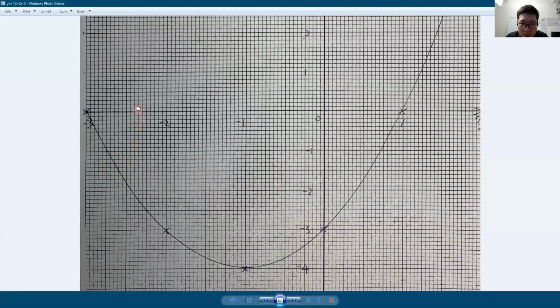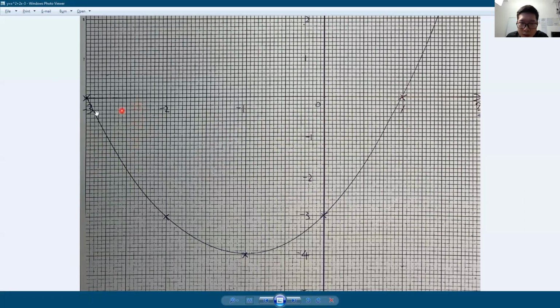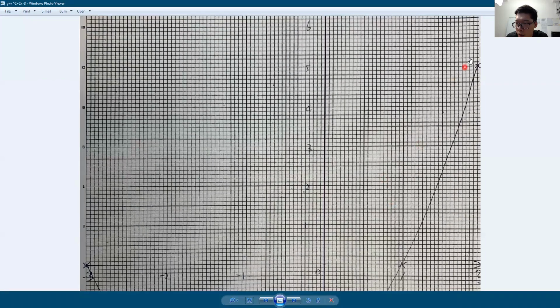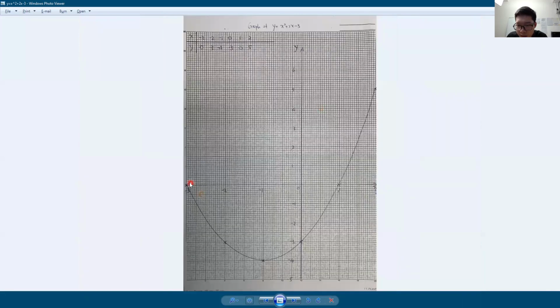After that, we are going to draw dots. We are going to mark all the coordinates we have calculated in the table. After marking out the 6 points, this time we are not going to use a ruler, but this curve ruler.